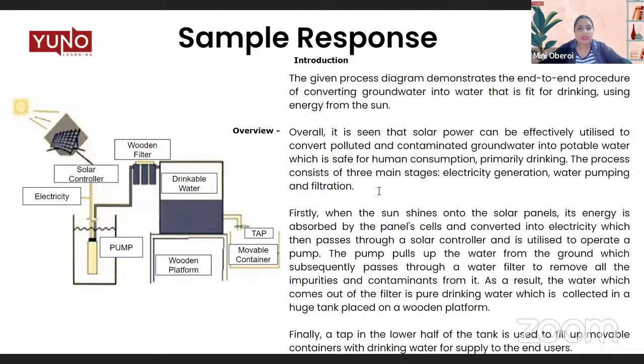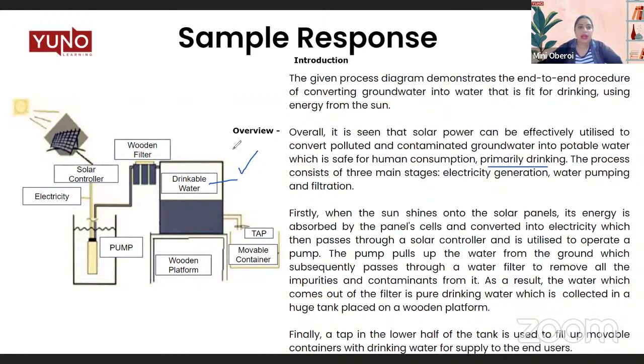The process consists of three main stages: electricity generation, water pumping, and filtration, right? Most of you might be wondering, ma'am, how come you are using the word primarily for drinking? Because drinking water is given here in the diagram. Therefore, I'm using it. It's not out of my own imagination.